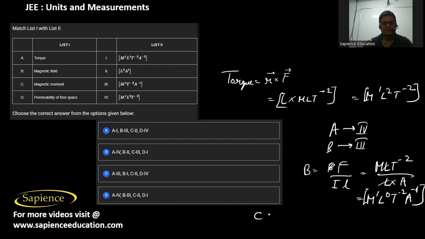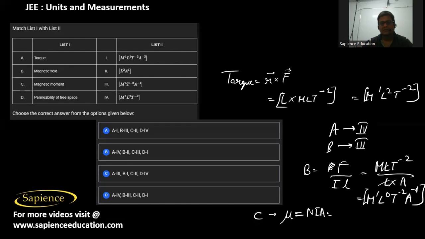Then C is magnetic moment. Magnetic moment is equal to N I A, NIA.